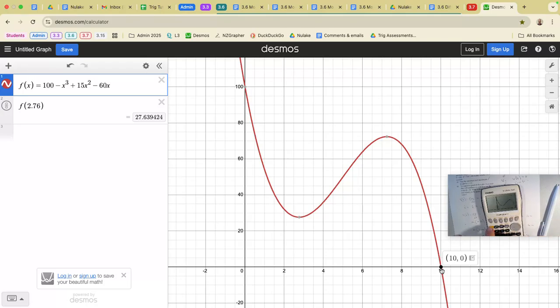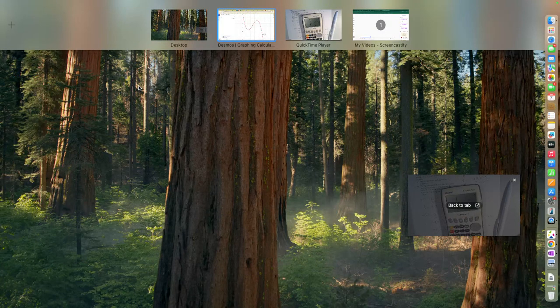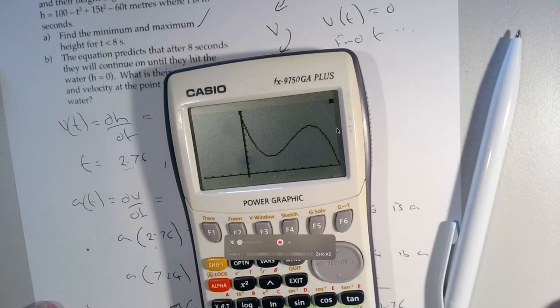Okay, just got on Shift G solve. Obviously this is called a root, so we're going to say a root, and it's thinking. You see it thinking in the corner here. Let's just go on to show it's thinking.